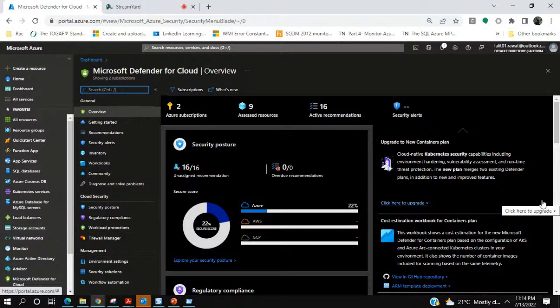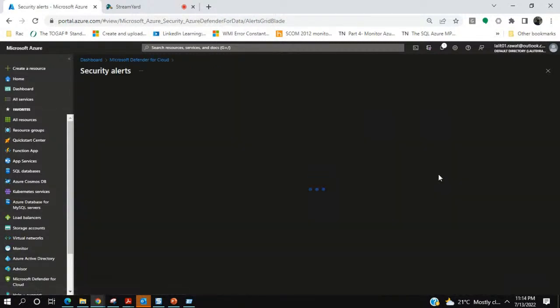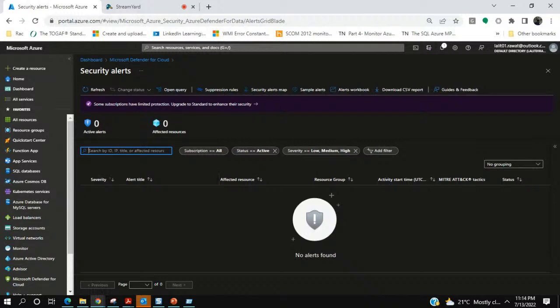In this overview dashboard, I have two subscriptions, 9 resources assessed, 16 recommendations, and security alerts. But for the alerts, I might have to upgrade the plan. It's asking us to upgrade the plan to get all of those, and these security alerts will have suppression rules.